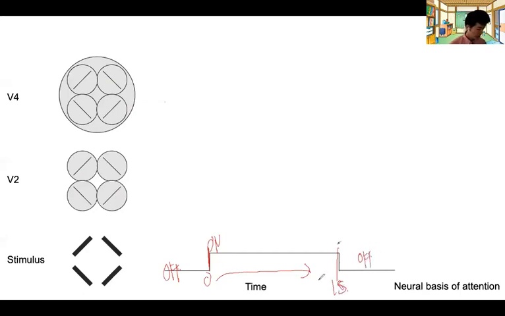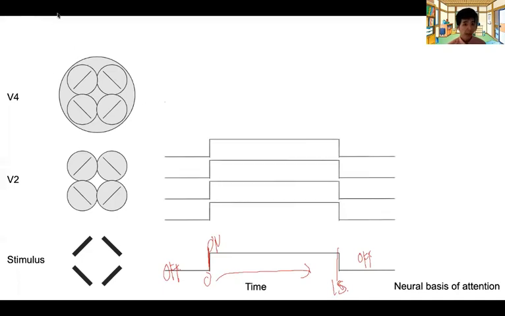To simplify all these responses, I assume that all these neurons respond immediately and do not decay and so on. Then I show the firing rate of each of the neurons here. So this goes from 0 to, let's say, 50 hertz, and this also goes from 0 to 50, and so on for each of the neurons.